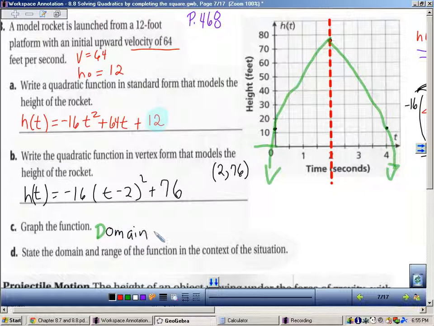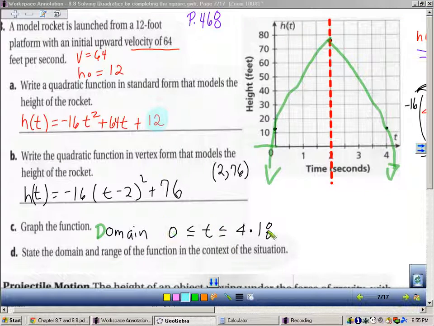Time is between 0 and 4.18 seconds. And so we're talking about time. And so that's how you write that. It's called a compound inequality. And so between 0 and 4.18 seconds.